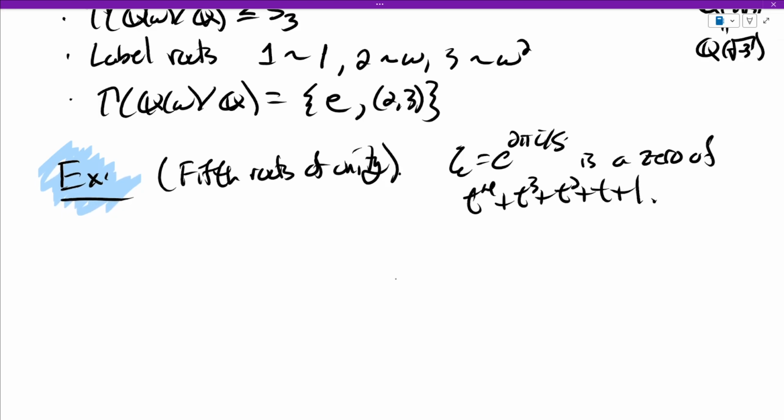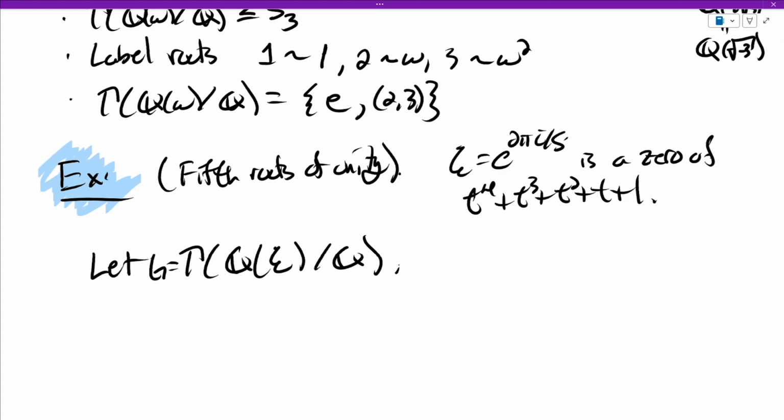And we already worked out what the Galois group was, right? So let's let G be the Galois group of Q adjoin zeta over Q. Then for every integer i between 1 and 4, there is an element sigma i that takes zeta to zeta to the i.